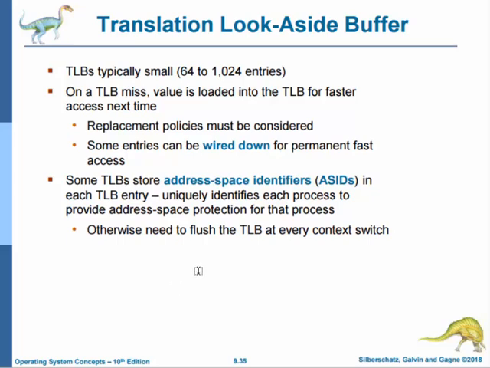If the item is found, the corresponding value field is returned. So the search is fast. A TLB lookup in modern hardware is part of the instruction pipeline, essentially adding no performance penalty. And to be able to execute the search within a pipeline step, the TLB must be kept small. So usually it is between 64 to 1024 entries in size.